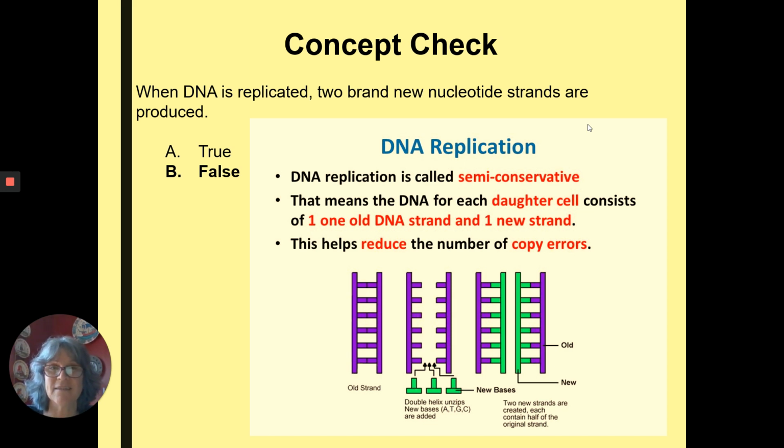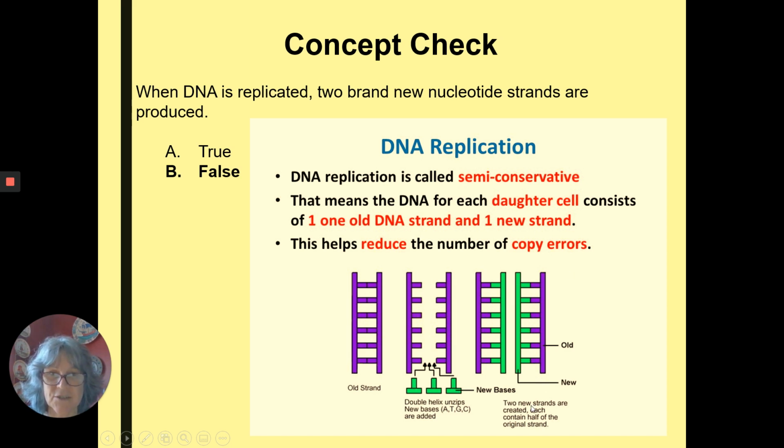We call this semi-conservative replication because when DNA is replicated, we have two new DNA molecules, but they are not both brand new. It's semi-conservative because for each daughter cell, here's my original or old strand. I separate it out, split my double helix, add new bases, and I end up with two identical molecules. One strand was original.